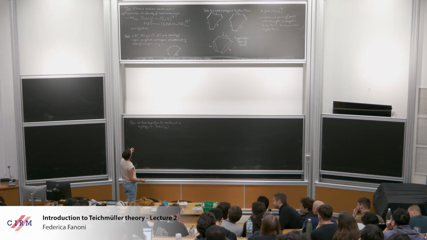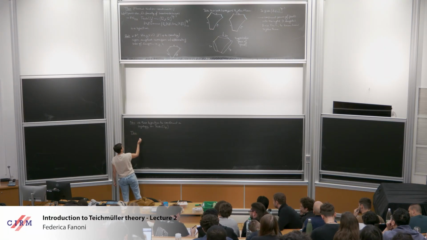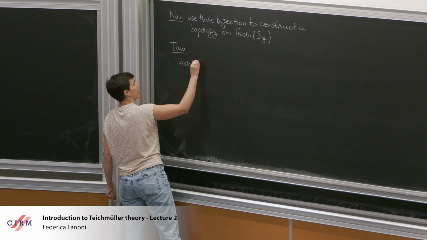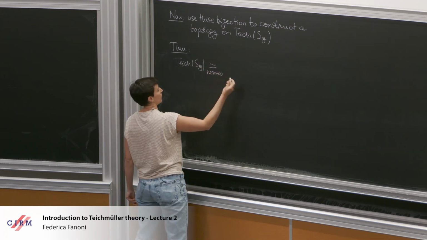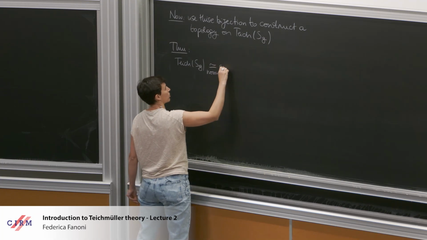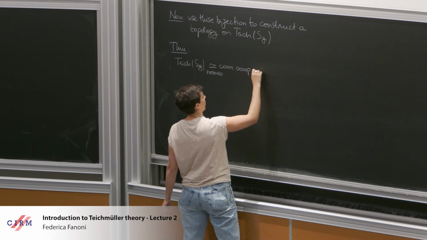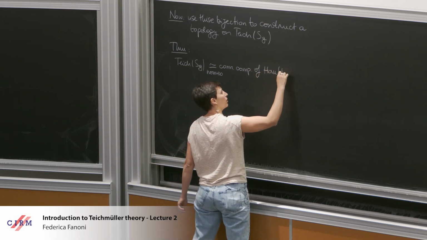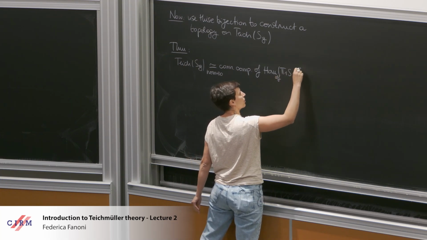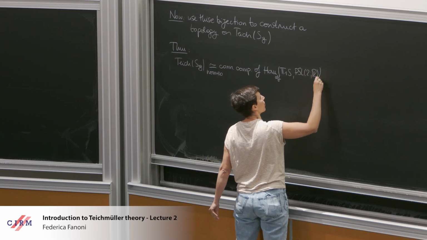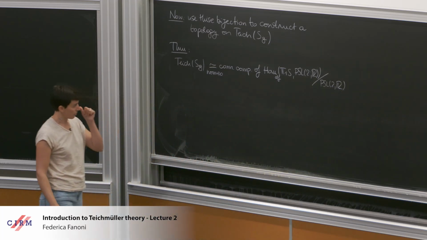There is a topology, and what I'm saying, maybe it's a theorem, is that Teichmüller space like this is homeomorphic, now it's more than a bijection, to the corresponding connected component of the space of discrete and faithful representations of PSL2R.